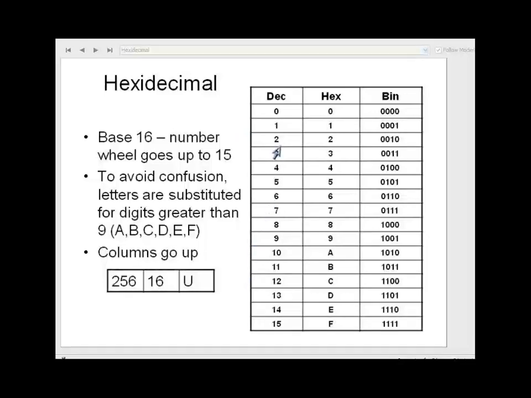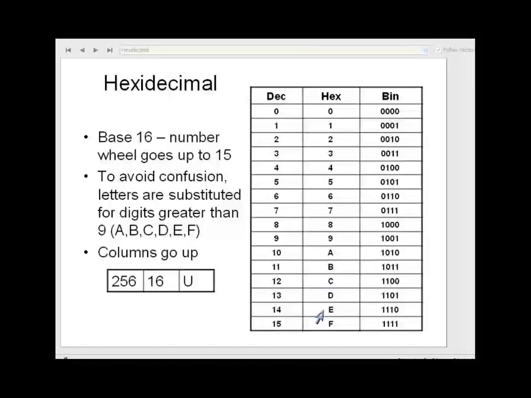Jot it down somewhere in your notes, and if you want to find the hexadecimal equivalent of, say, 10, you just look it up on the table and you find it's A. And the binary equivalent of A is 1010. If you want to find the hexadecimal equivalent of 4, you look it up on the table and it's 4. And the binary equivalent of that is 0100.